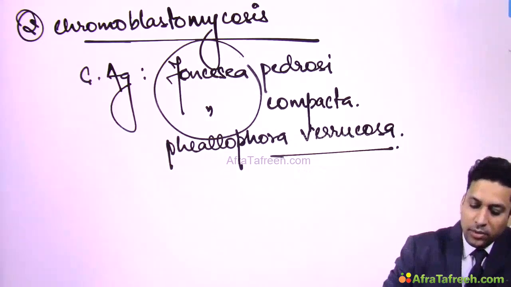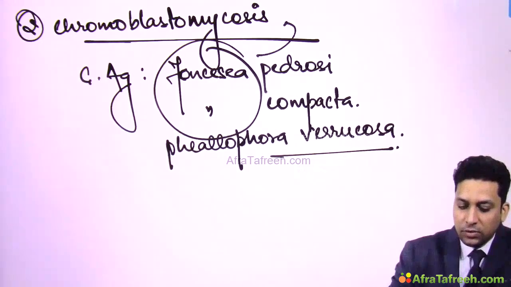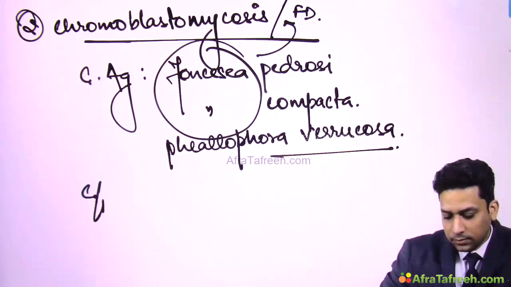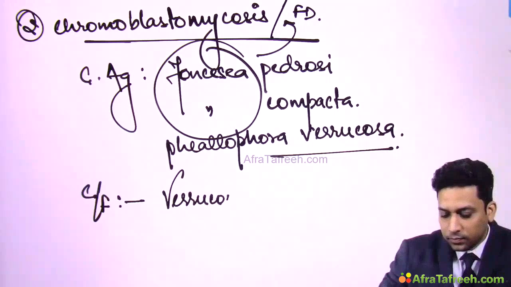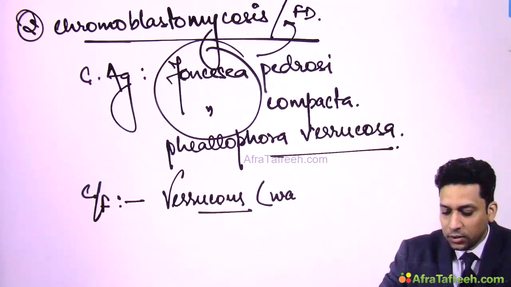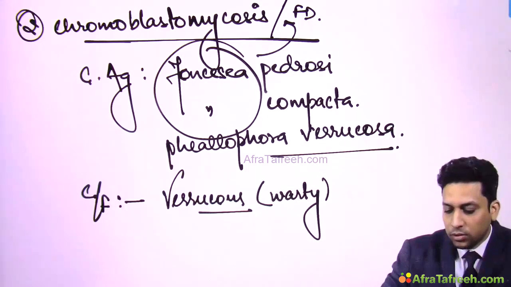Because this is commonly caused by the Fonsecaea group of fungus, this is also known as Fonsecaea disease. Clinically, you will get verrucous growth. Verrucous means rough surfaced warty growth. So, verrucous or warty growth.